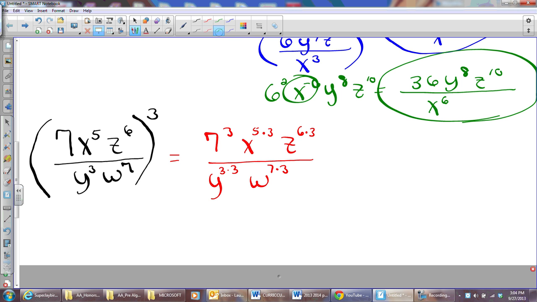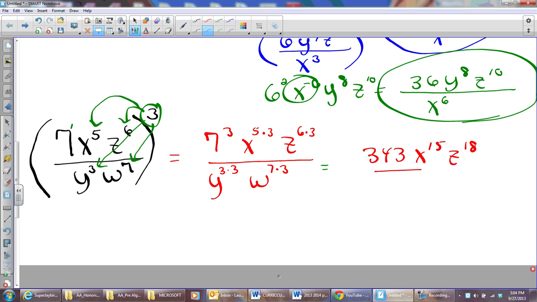All I did was apply this exponent to all of my other exponents. And if you want, I have a 1 there. So 7 cubed is 343. X to the 15th, z to the 18th, y to the 9th, that is a 9, and w to the 21st.